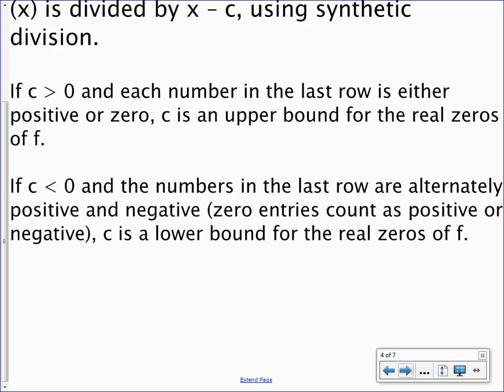We also have a rule for a lower bound. If you try a negative 0, a negative c, and the numbers in the last row alternate positive, negative, then c is a lower bound.